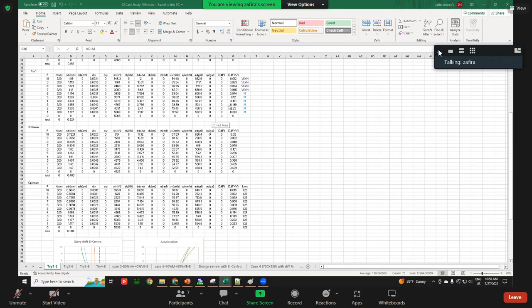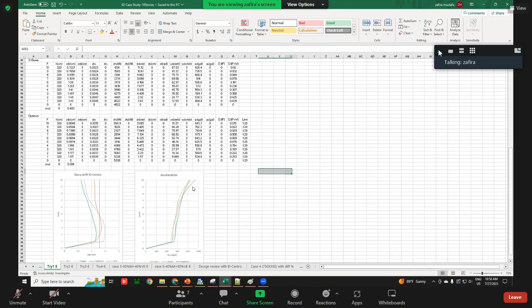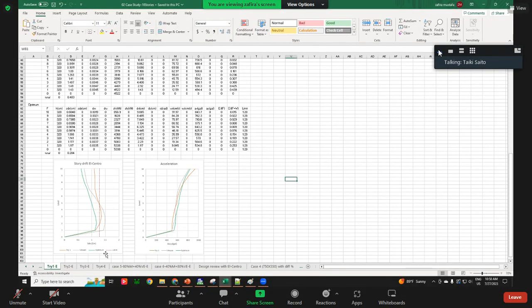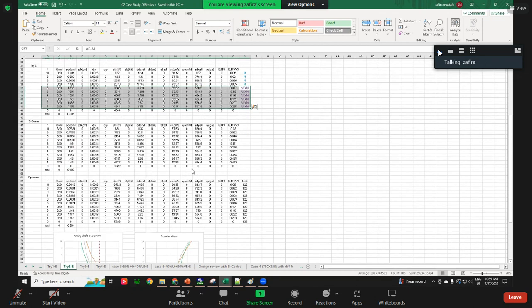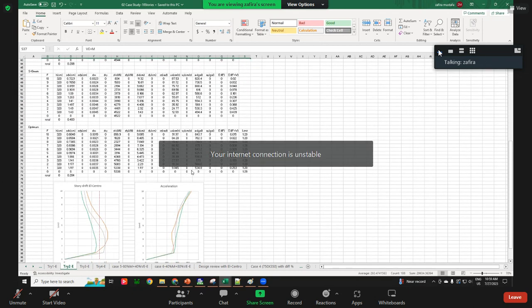So this one, the first try is to put metallic damper at the bottom and viscoelastic plus metallic at the top. So this is the result. I think the acceleration doesn't improve. And here, the other way around, if I put metallic on the top and the bottom, the acceleration also doesn't change.